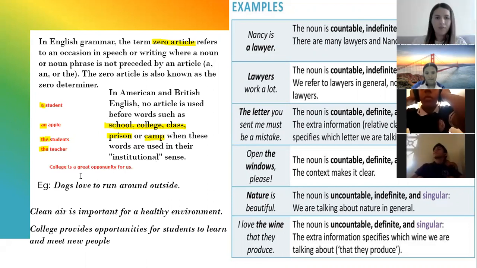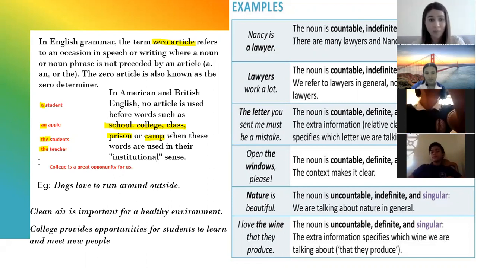College is a great opportunity for us. La universidad es una gran oportunidad para nosotros, sería en español. Pero, what happened? We don't need to use the article que mayormente utilizaríamos para comenzar la oración. No es necesitado, no es necesario.